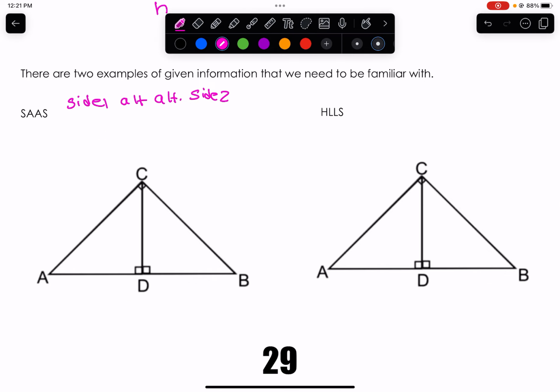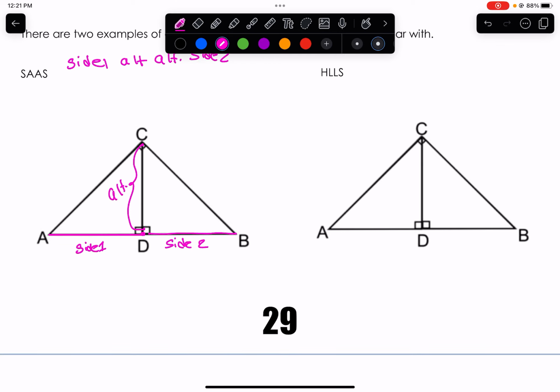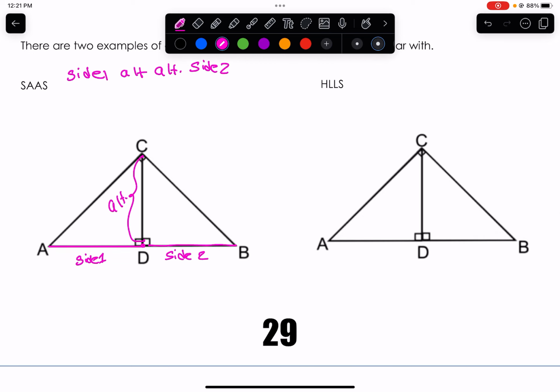Looking at the diagram, because of the way these right triangles are structured, I have side 1 and side 2, and this is my altitude. Side, altitude, side lets me state that if I set up a proportion with side, then my altitude, and then my other side, this is always going to be true.